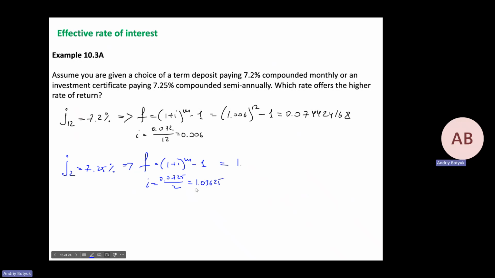So 1.03625 to the power 2, minus 1, is 0.07381 or 7.381%.